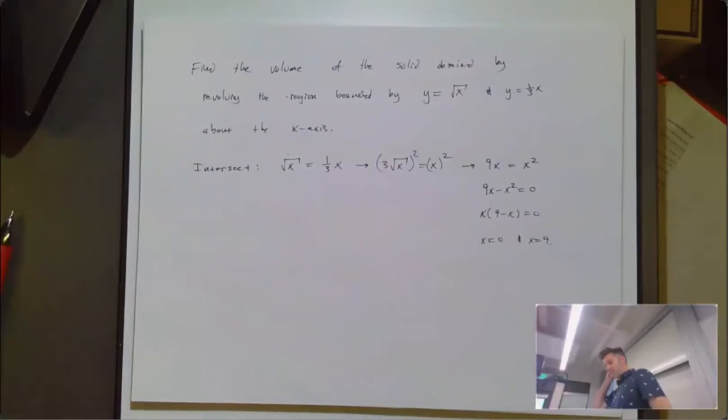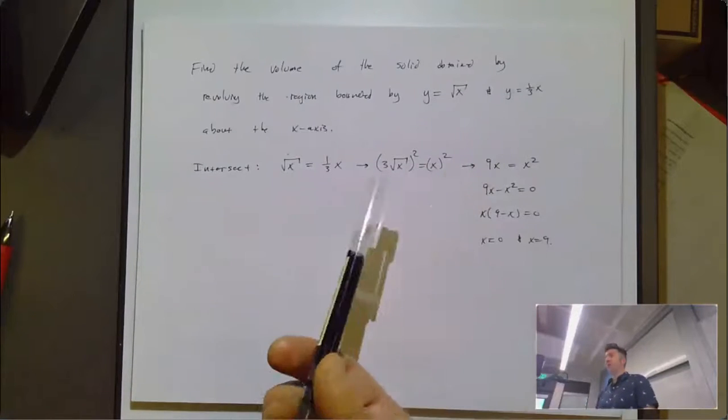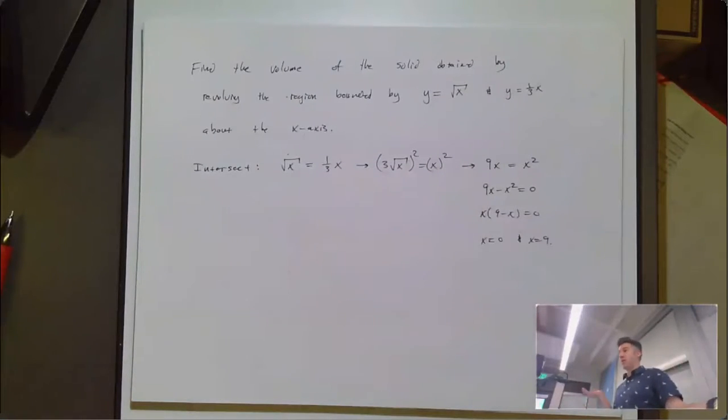Now, as much as I would like to encourage you to be able to do things without drawing the pictures, drawing the graphs is an important skill, and it's kind of necessary. It's hard to tell for this one whether you need the disk or the washer method. I will point out the disk and the washer method are really kind of the same.